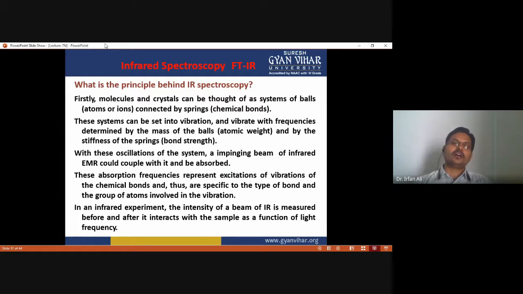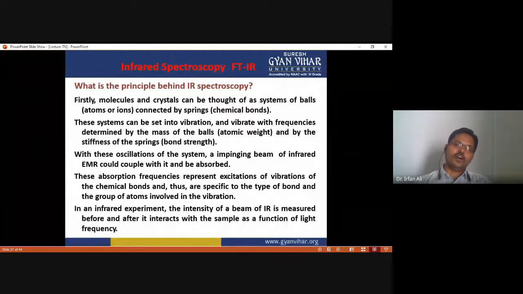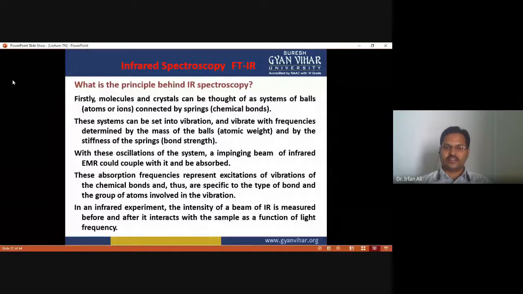This characteristic of atoms and molecules is exploited in infrared spectroscopy. With this oscillation of the system, an impinging beam of infrared EMR could couple with it and be absorbed.